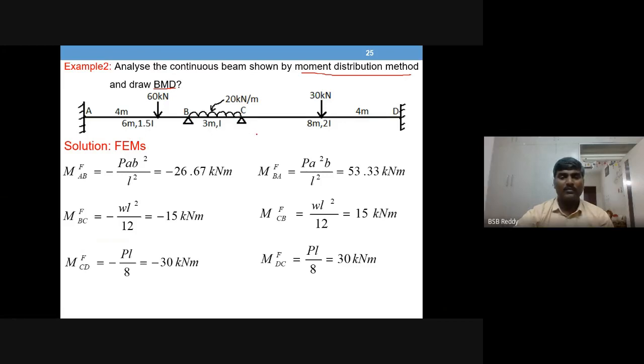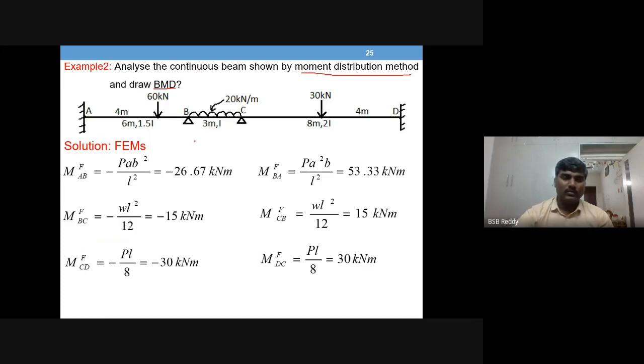The whole span of BC is being loaded. Span CD is of 8-meter span and moment of inertia of 2I. It's a point load again, which is at the center of the span, so 4 meters from the right end or 4 meters from the left end, both are the same.